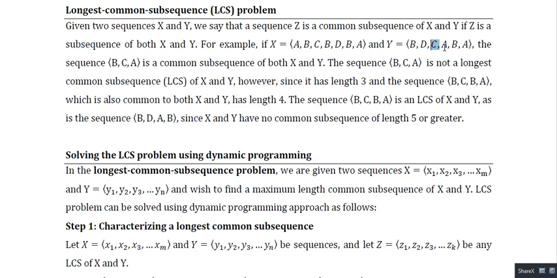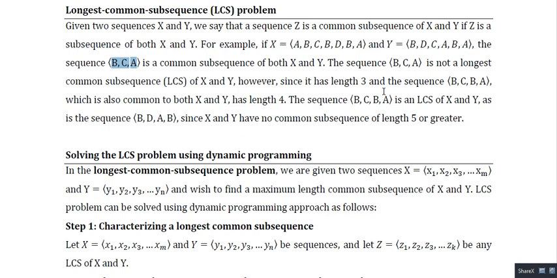But we cannot call this BCA the LCS of x and y, though it is present in both x and y, because we have more possibilities of subsequences whose length is more than 3.